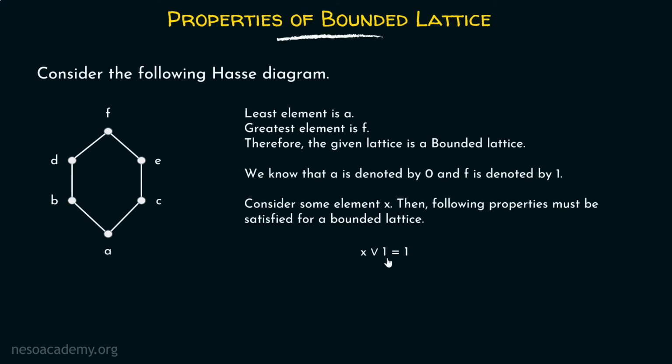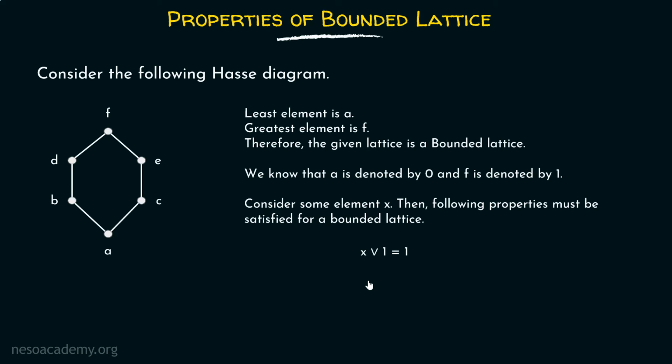This means least upper bound of X, F must be F. Take some element X, let's say D. Least upper bound of D, F is obviously F, right? This is clear. You can take this element also. Least upper bound of E, F is also F. So it is clear that least upper bound of X and 1 is always 1.